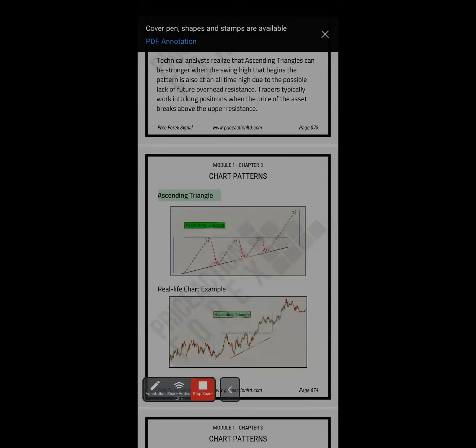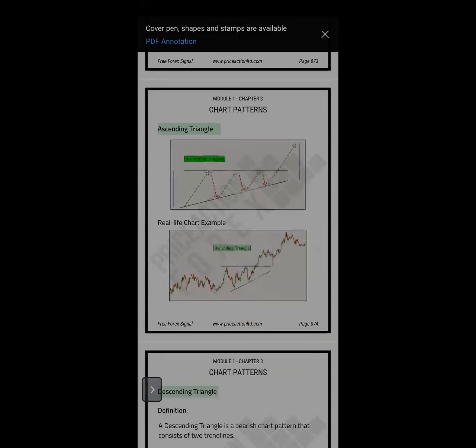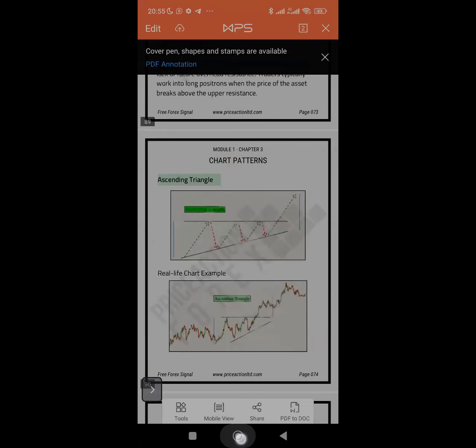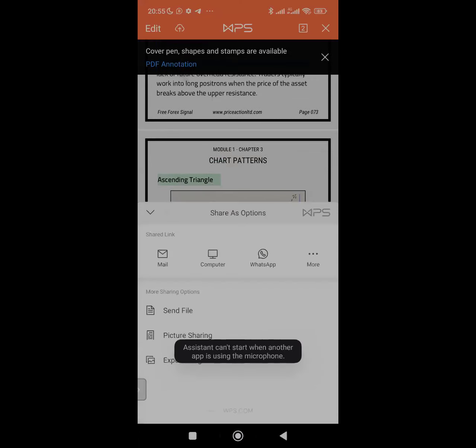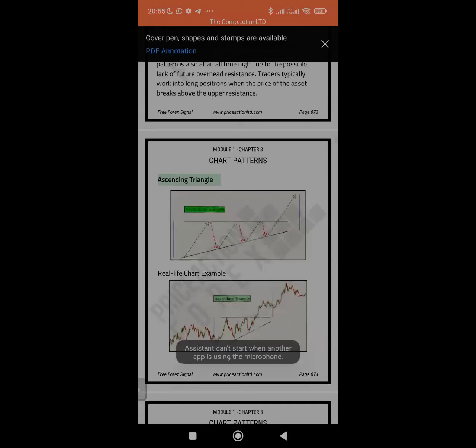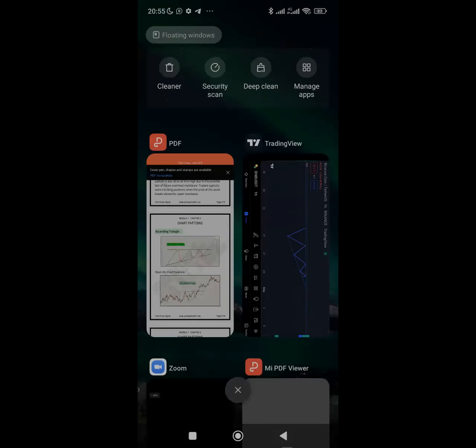So let's look for this in our chart. This will be difficult because we are actually in a bearish market. Let's see if we can find one very easily.